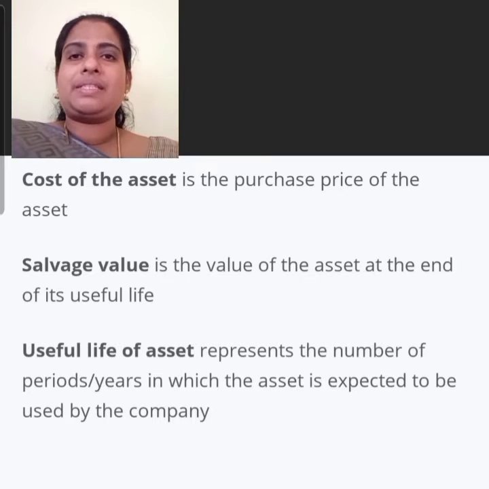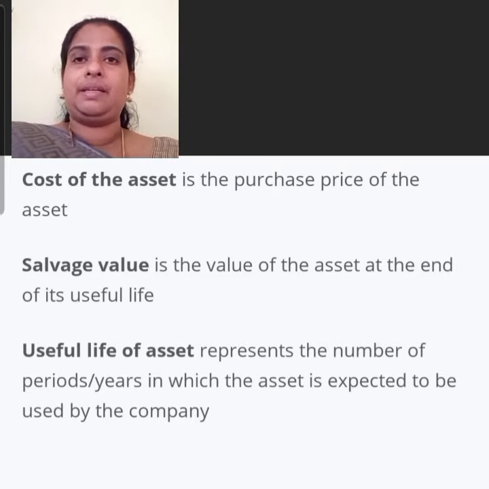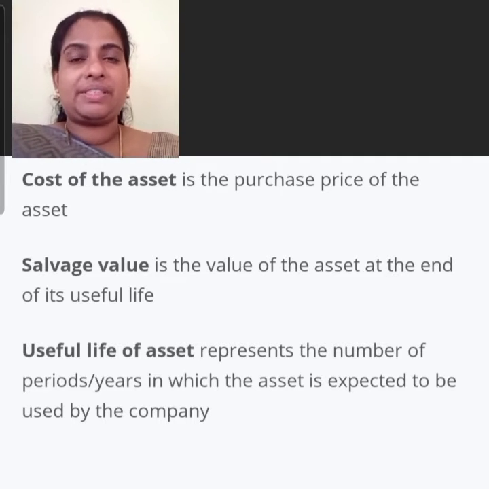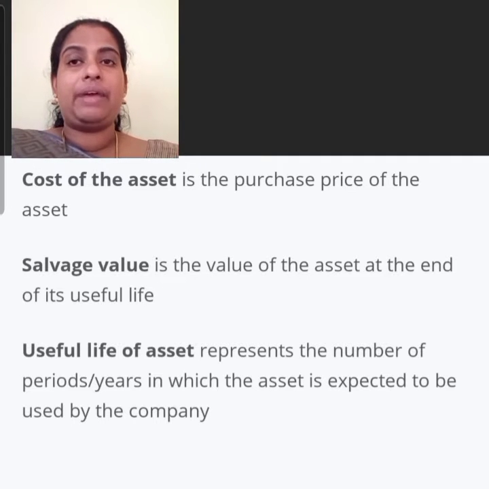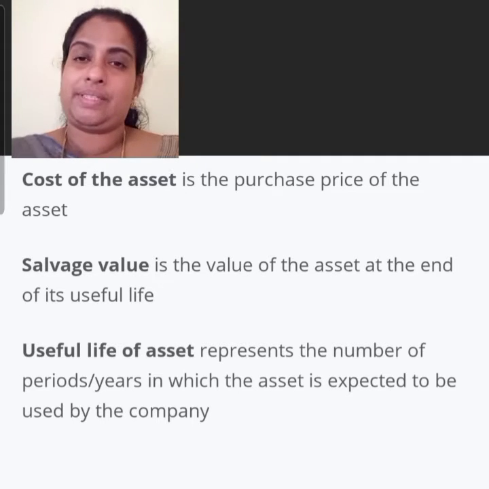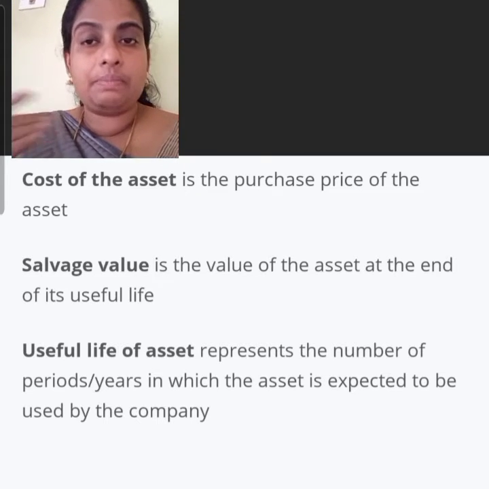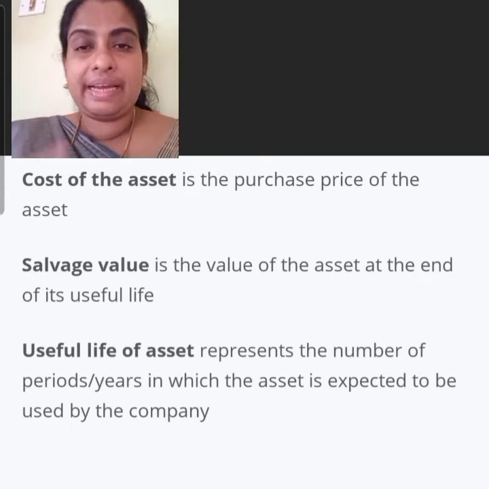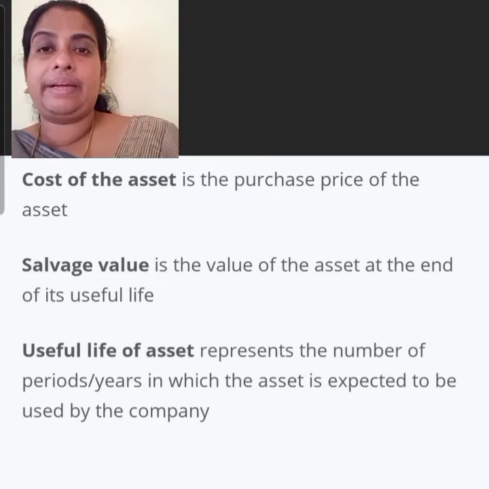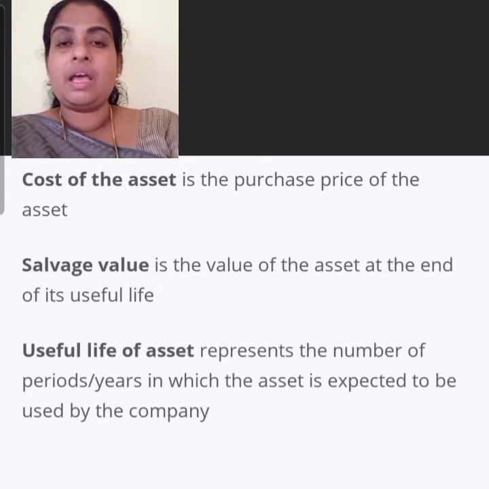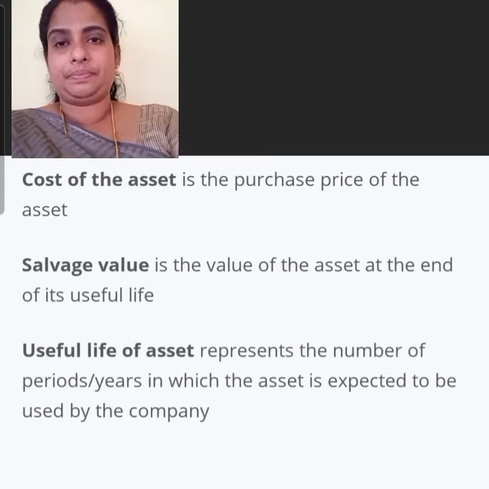Suppose we purchase a machine for rupees 10,000 whose expected life is 10 years. If the scrap value of the asset equals 1,000, the amount of depreciation will be 10,000 minus 1,000, that is 9,000. 9,000 divided by 10, that is 900, is the amount of depreciation.